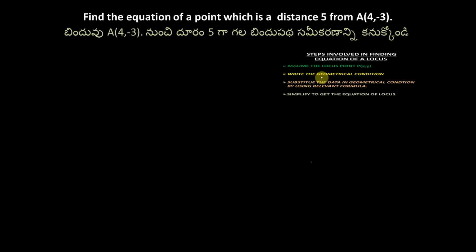So here before solving the problem, there are 4 steps. So first step is assume the locus P as (x, y). Now the given condition is not given directly. Understand the problem here. Find the equation of the locus of a point which is at a distance of 5.